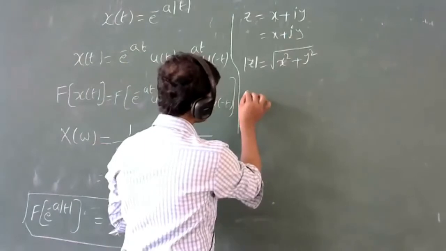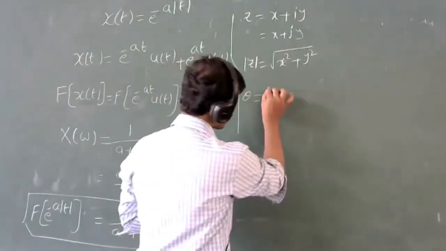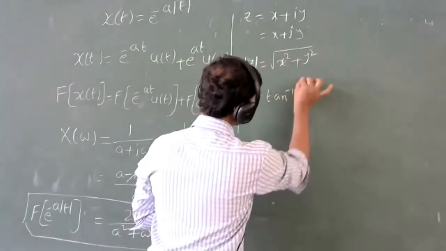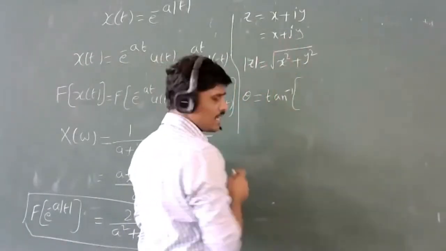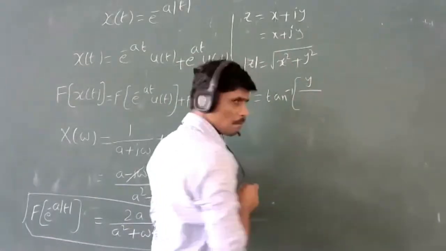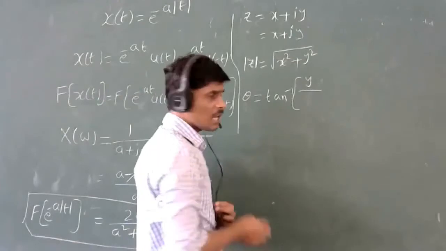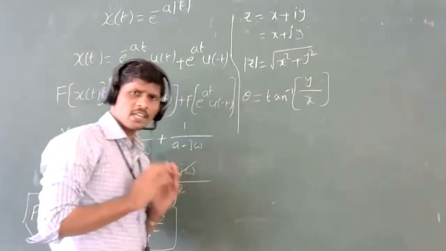And what is the phase angle? The phase angle theta is equal to tan inverse of imaginary part by real part. For x plus jy, y is the imaginary part and x is the real part. So this is the phase angle expression.